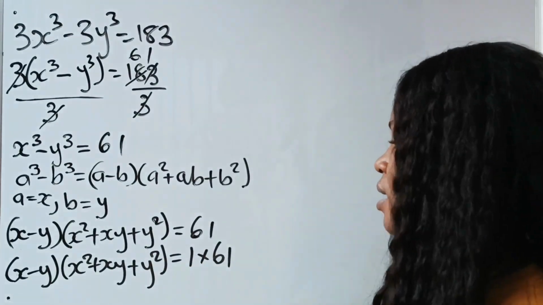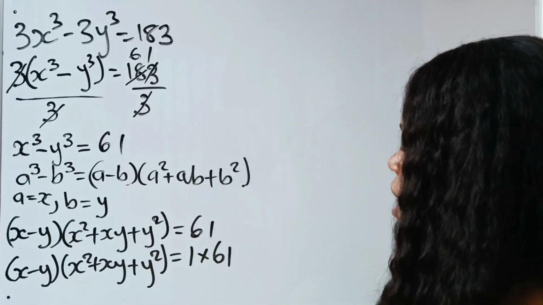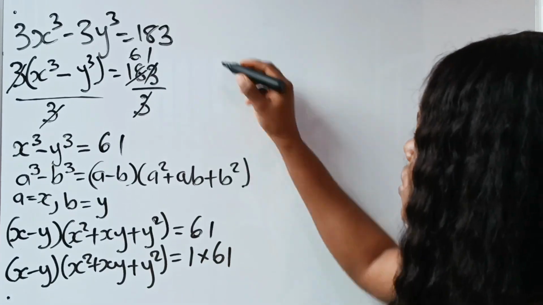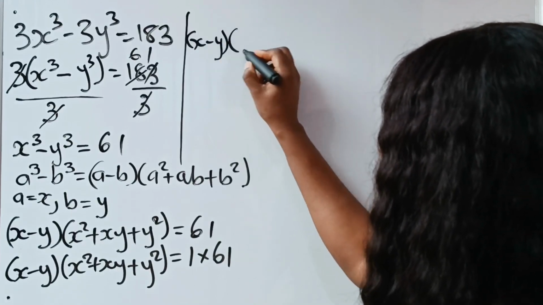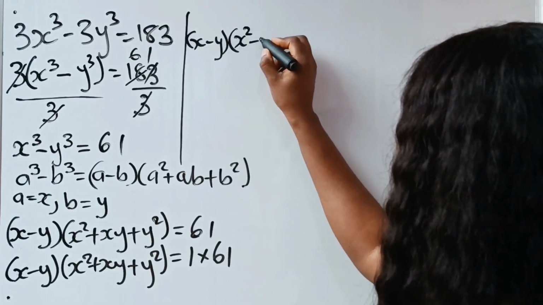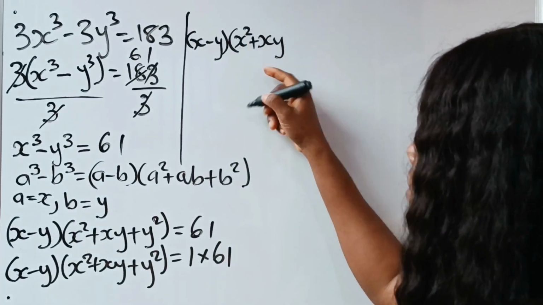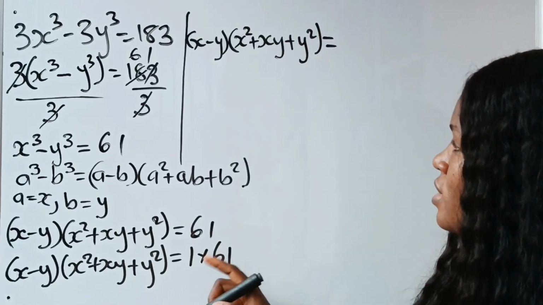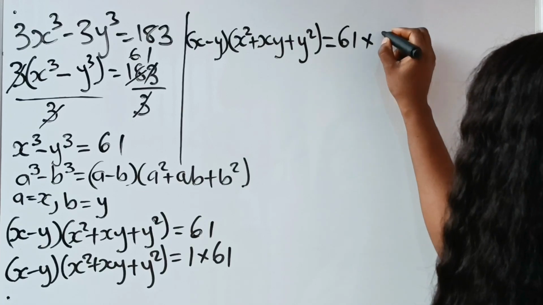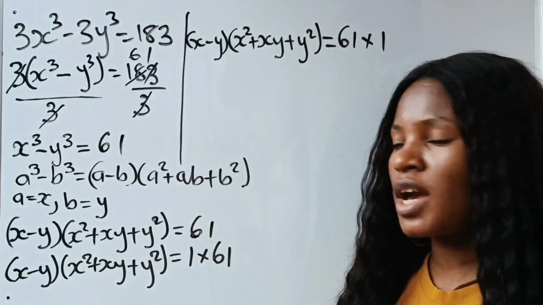And if we express our 61 as 61 times 1, this is what we will have: x minus y bracket x squared plus xy plus y squared is equal to 61 times 1, right?